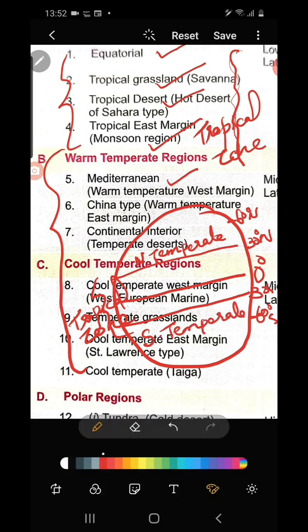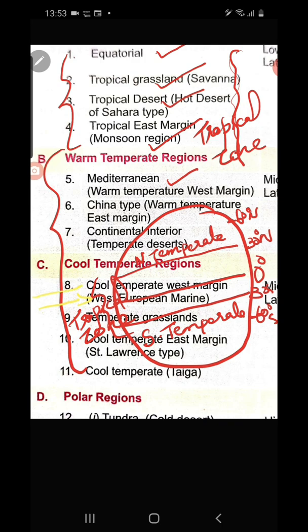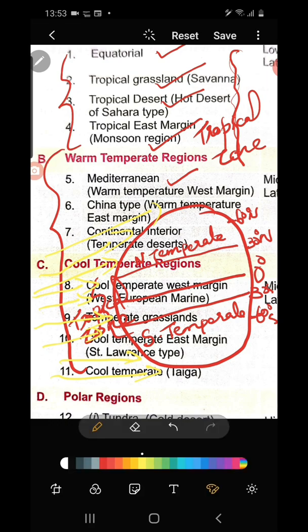Clear? So why temperate zone? Because, as we discussed, sun rays fall directly on the tropical zone, but as you move away from the tropical zone, sun rays are slanting. So the temperate zone is not so hot, and at the same time it is not very cold. That is why this zone is named the temperate zone.